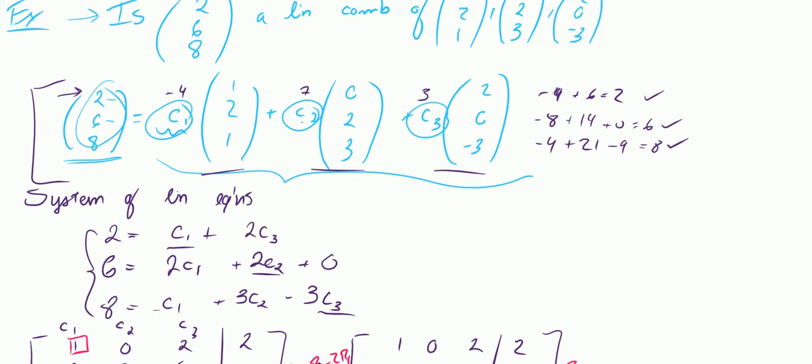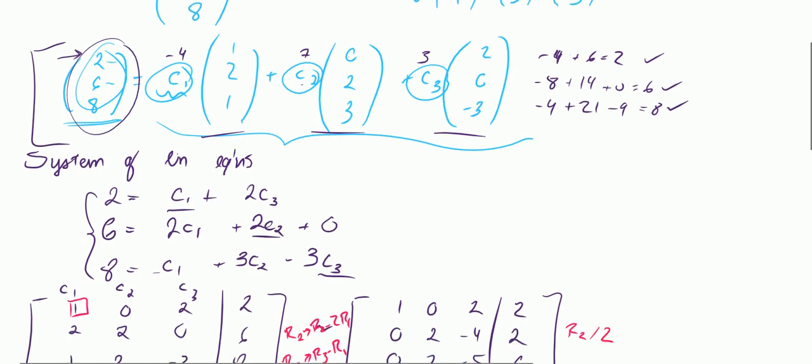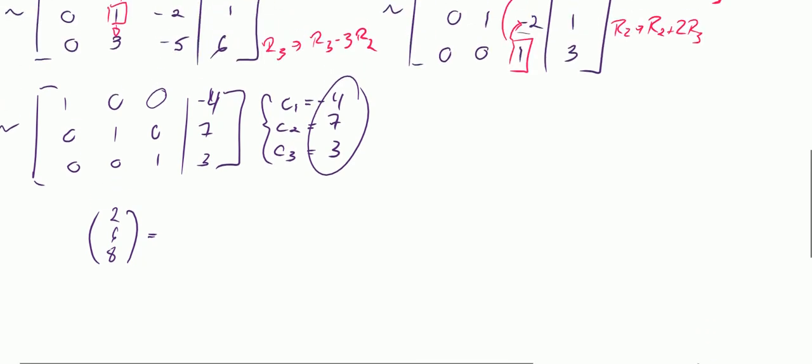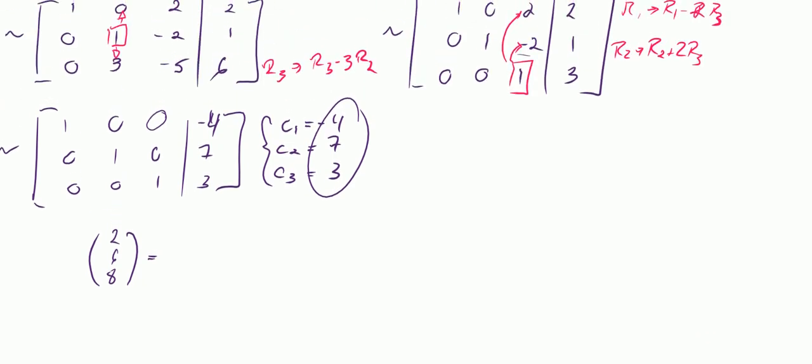I can get a solution for C1, C2, C3, where once I multiply the vectors out, then I'll get the resulting vector that I need. In other words, 2, 6, 8. So that's how you check if something is a linear combination of, well, that's how you check if vectors are linear combinations of one or more vectors.